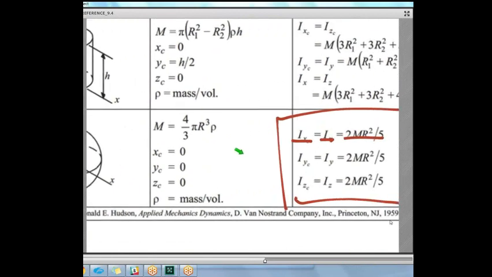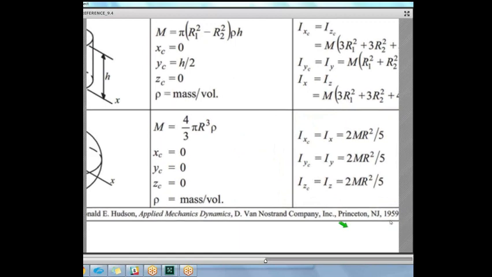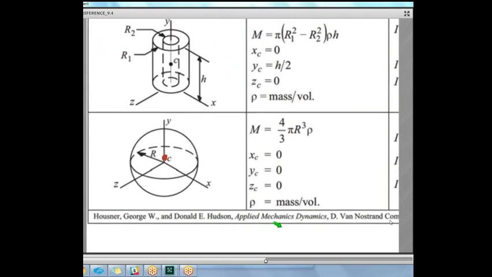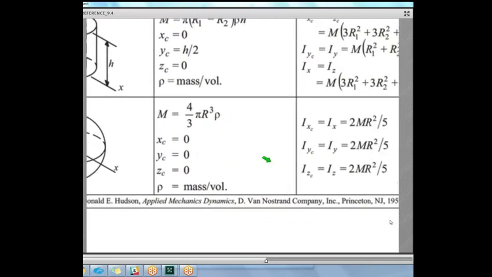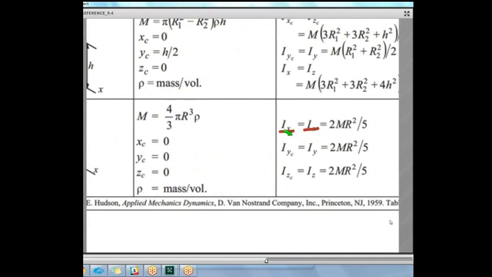Now, because it's a sphere, it doesn't matter if you're rotating about the y-axis or the z-axis, you get the same value either way. And because they've defined our coordinate system so that the x value of zero goes through the centroid, and the y value of zero goes through the centroid, there's no difference between rotating about the x-axis and an x-axis through the centroid. Those are identical concepts.